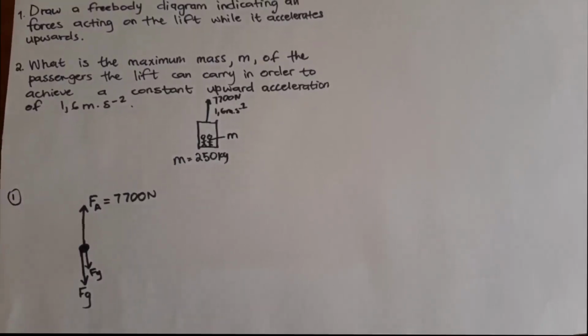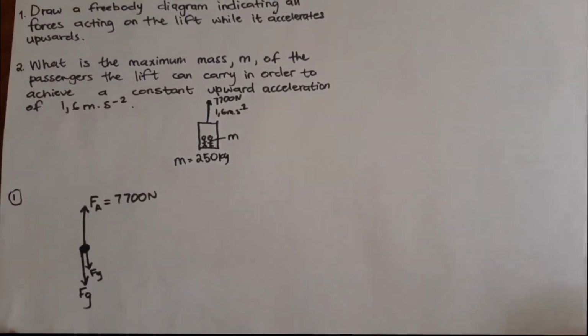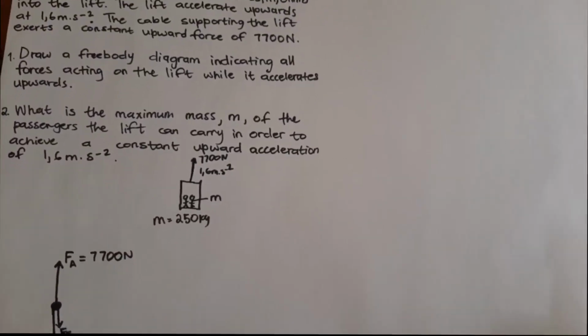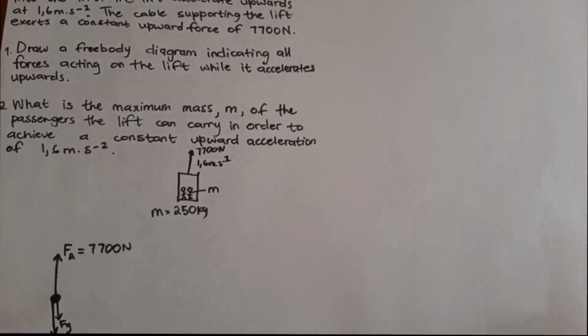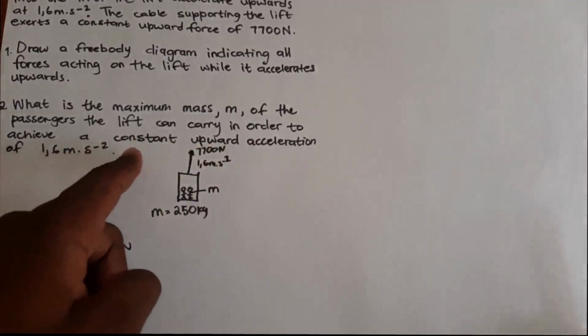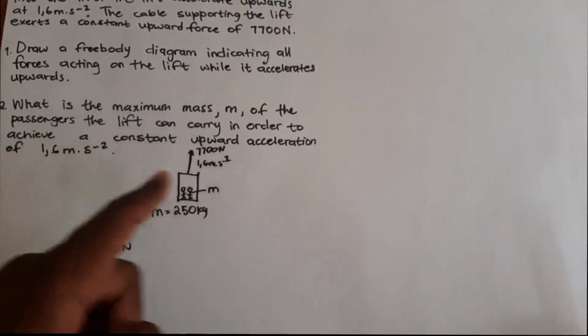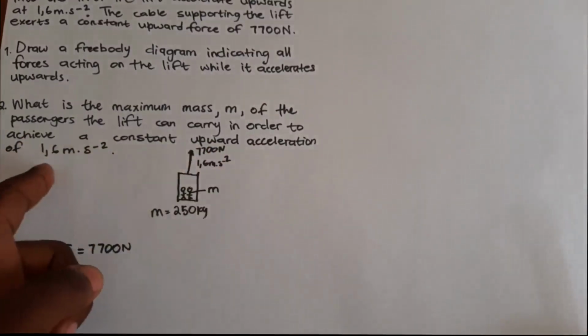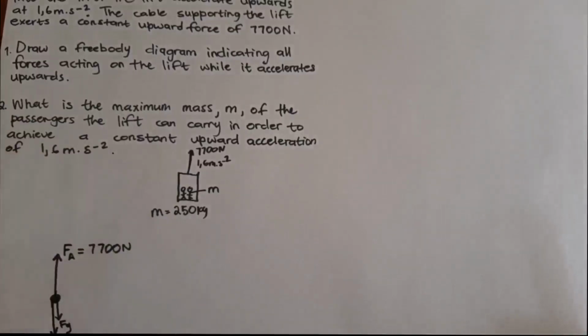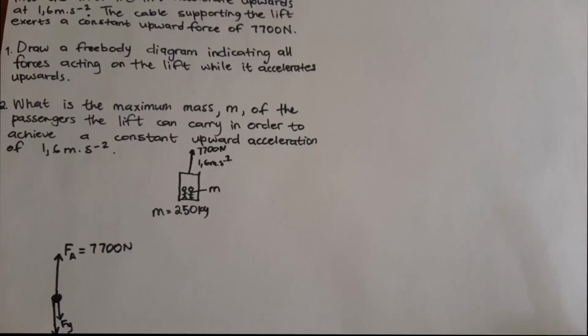This is quite easy, guys. Let's calculate it on this side. What is the mass m of the passengers the lift can carry in order to achieve a constant upward acceleration of 1.6 meters per second squared?